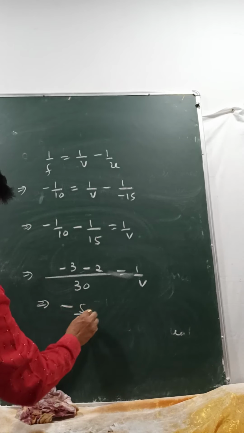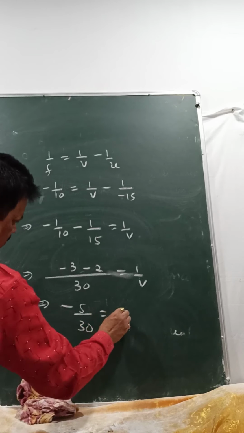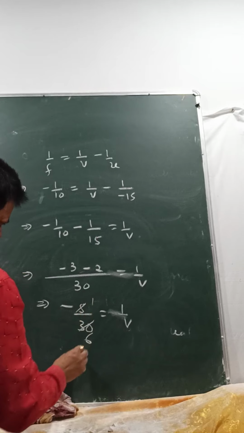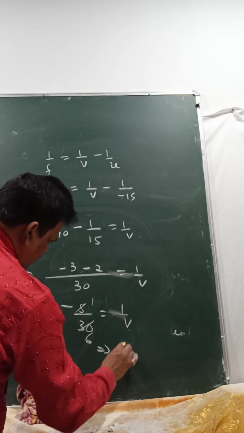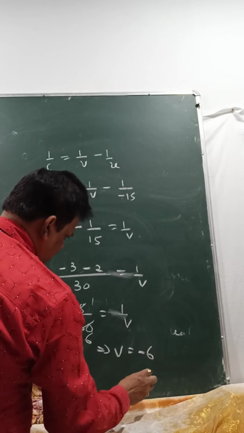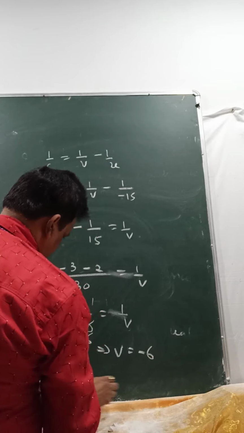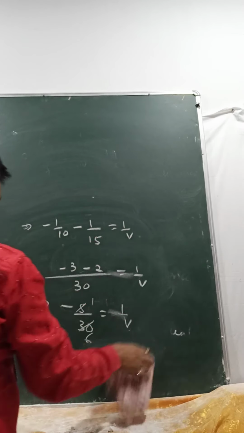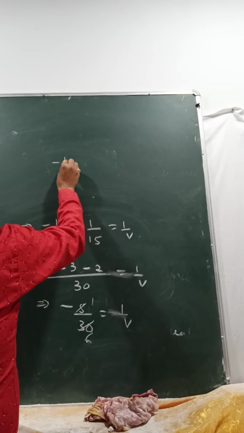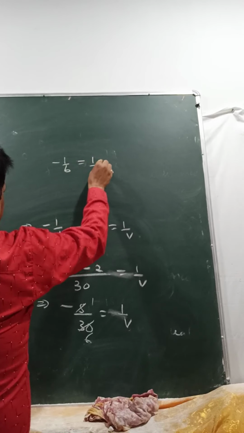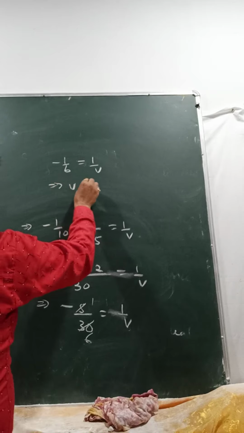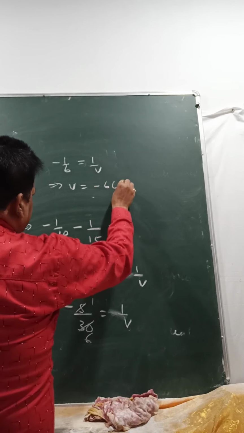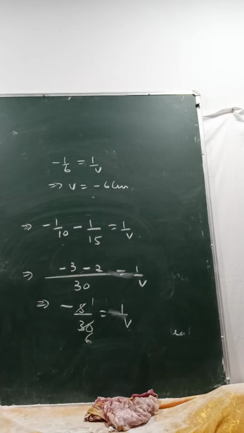Minus 5 by 30 equals 1 by v, that is minus 1 by 6 equals 1 by v, so v equals minus 6 centimeter, which means the image is very close to the lens.